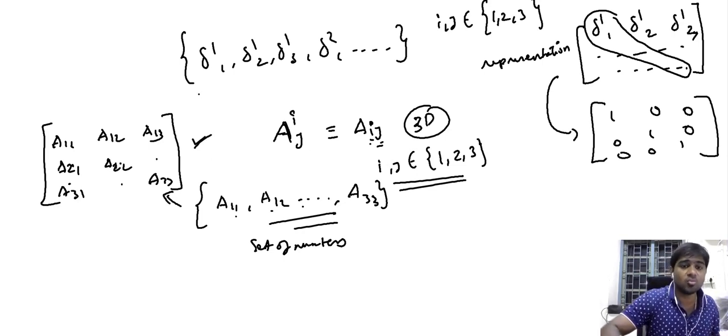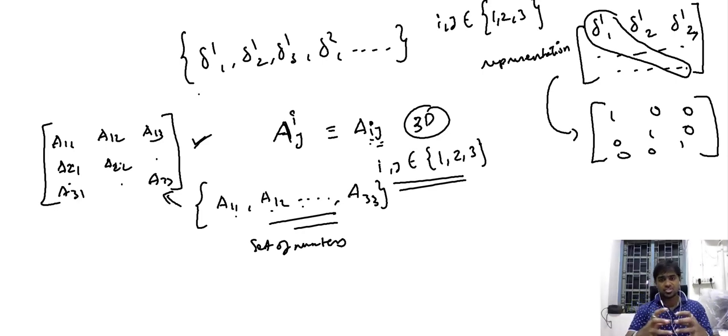So that is the reason why we move from just writing down all the possible combinations of i and j and all the possible values that the tensor A can assume as a set. The reason for translating it into a matrix is because this will allow us further numerical operations.